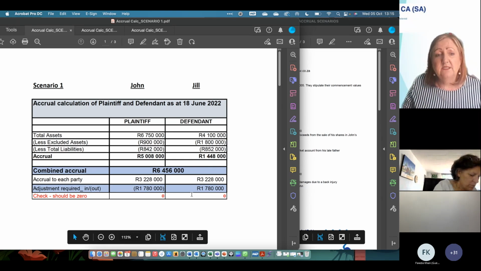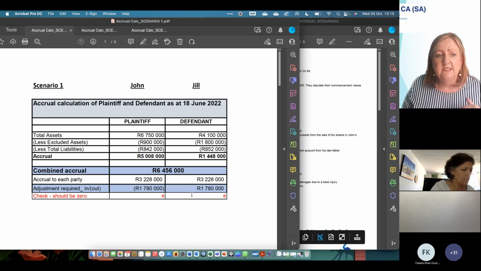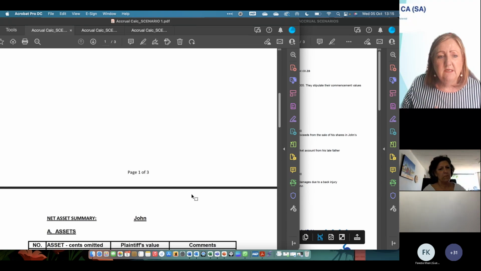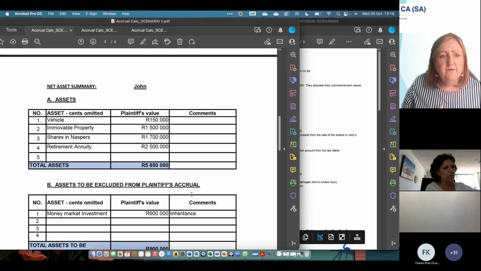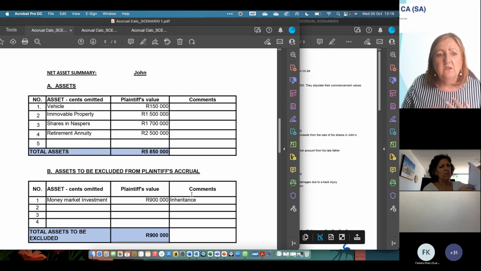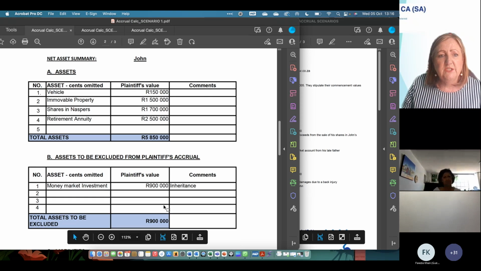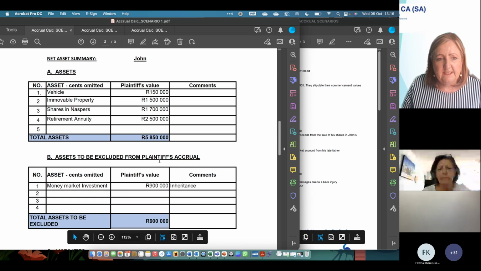Okay, so as I said, that is the final accrual calculation. Now we're going to go into the details of the assets and the assets that are excluded. So here we've got the assets: the vehicle, immovable property, which is the house, the shares in Naspers, and the retirement annuity.